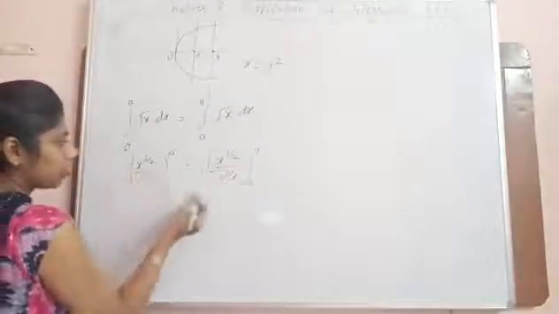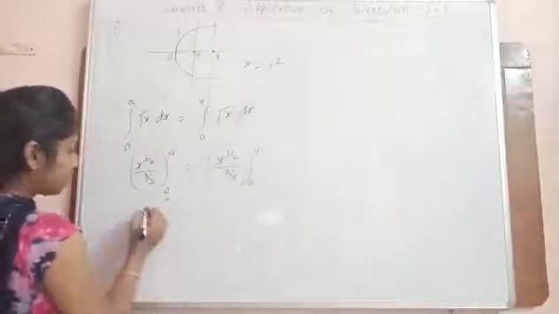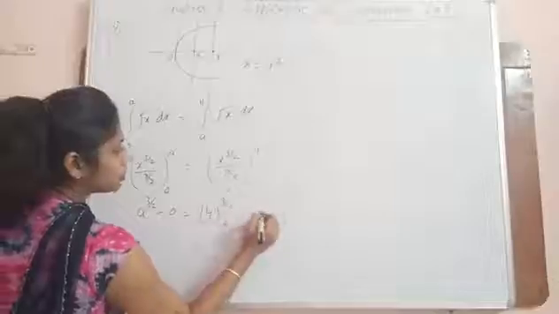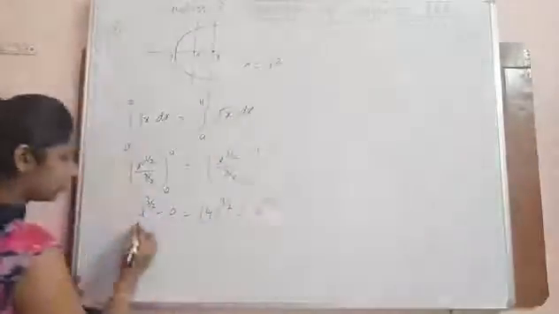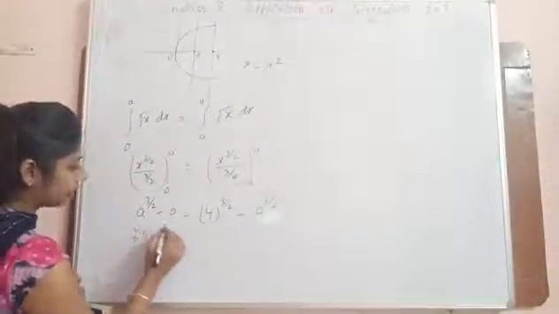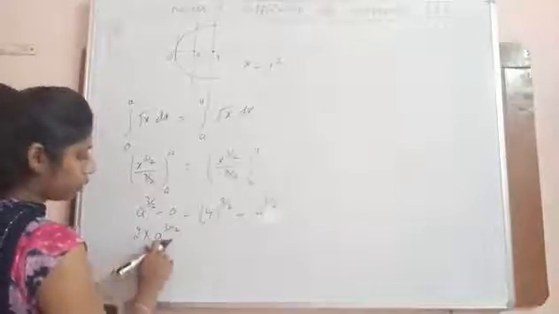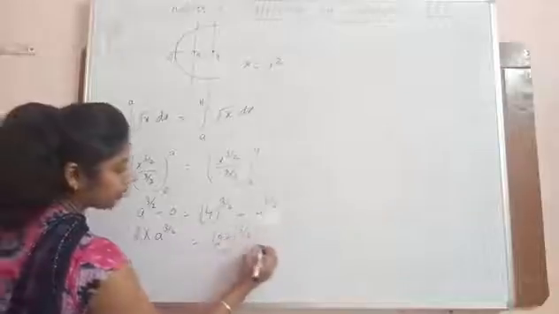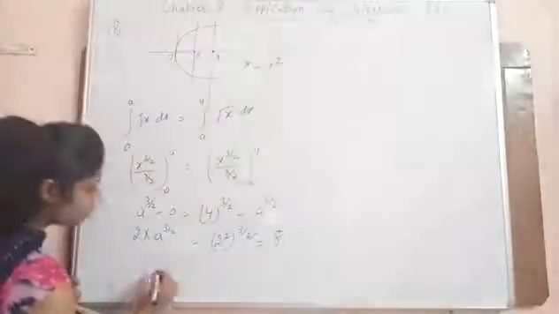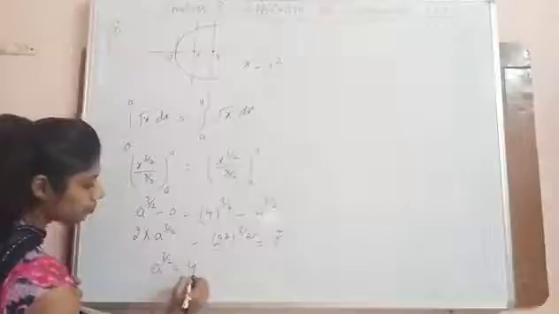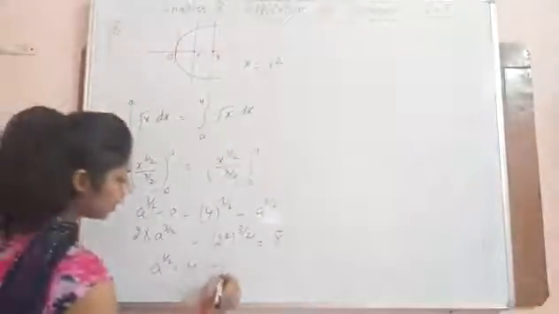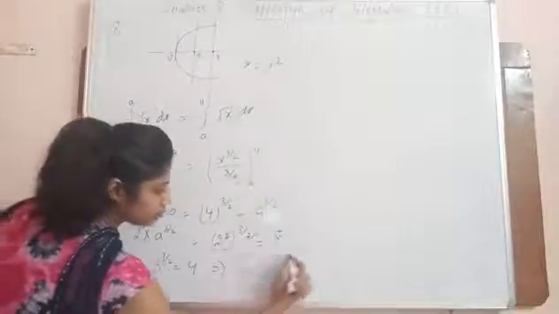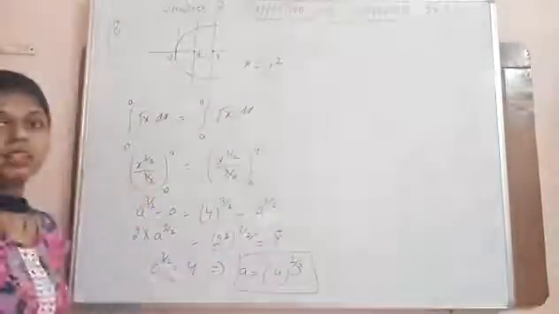This is the constant term, you can cancel it. Put a power 3 by 2 minus 0, equals 4 power 3 by 2 minus a power 3 by 2. This term will shift to the left hand side, 2 into a power 3 by 2. So 2 square power 3 by 2 will become 8. So a power 3 by 2 equals 4. So a equals 4 power 2 by 3. So this is your answer.